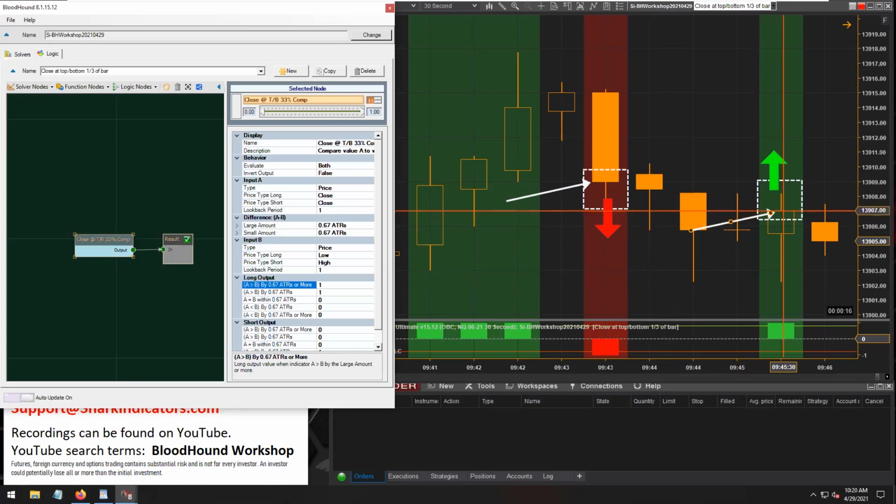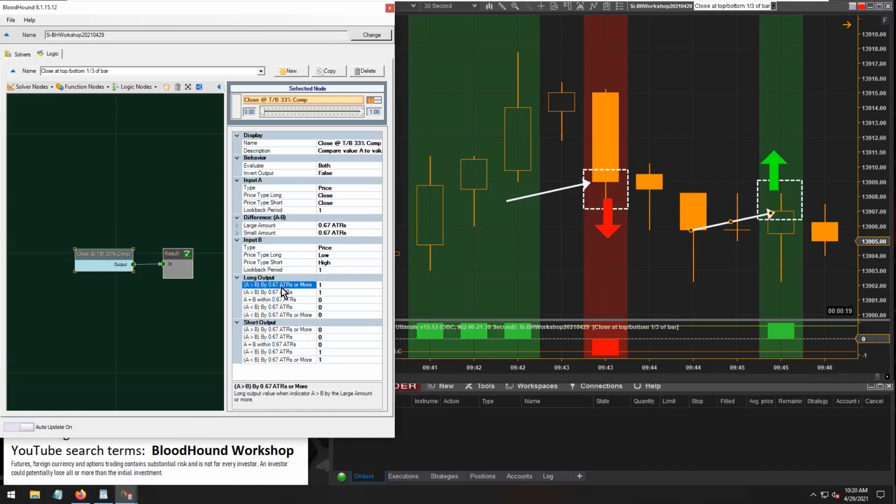A is the closing price, B is the low of the bar. Is the close greater than the low of the bar by 2/3 of the bar? Or technically it's 2/3 of an ATR. Again, the ATR is not exactly the bar length because of the formula, but it's going to get you close enough for trading, I guess.